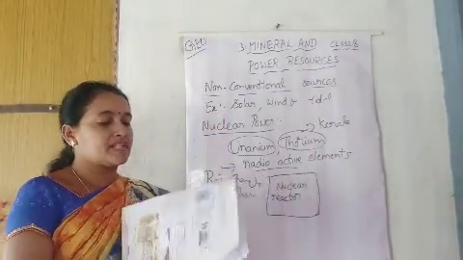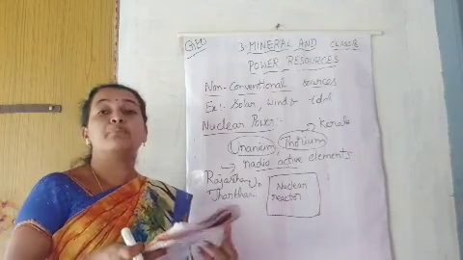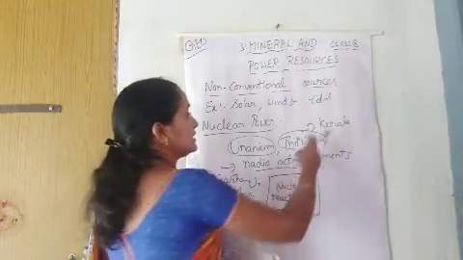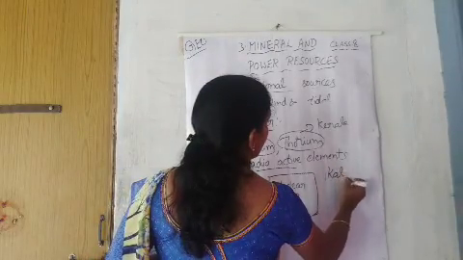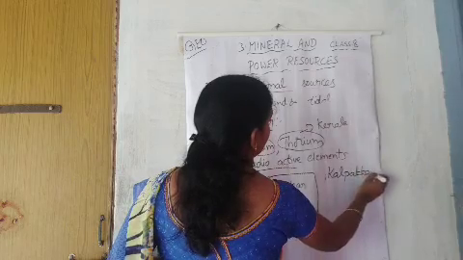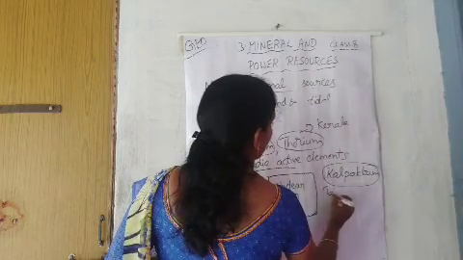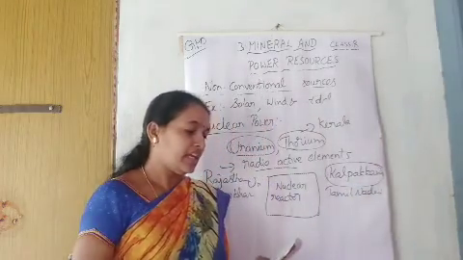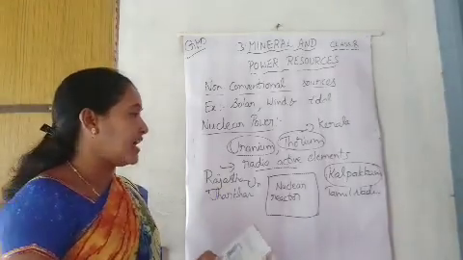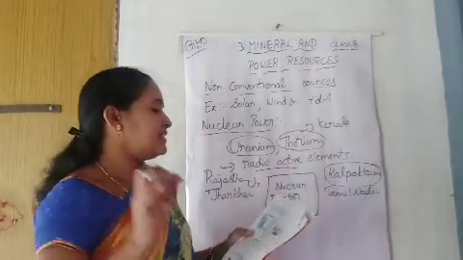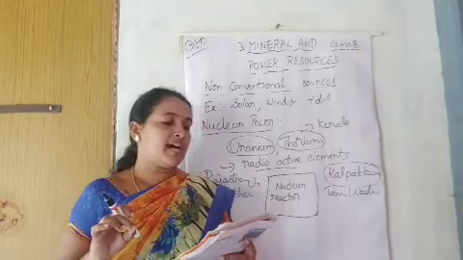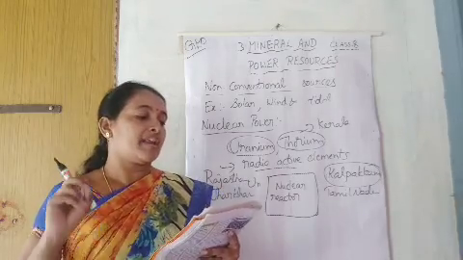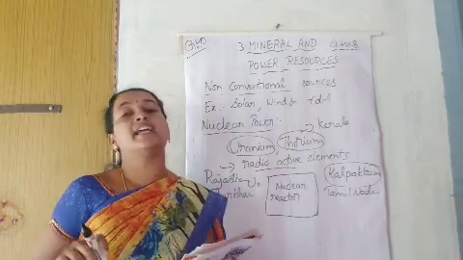The nuclear power stations in India are located in Kalpakkam in Tamil Nadu, Tarapur in Maharashtra, Rana Pratap Sagar near Kota in Rajasthan, Narora in Uttar Pradesh and Kaiga in Karnataka.